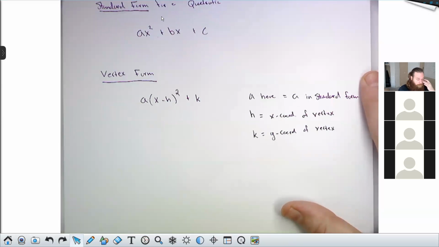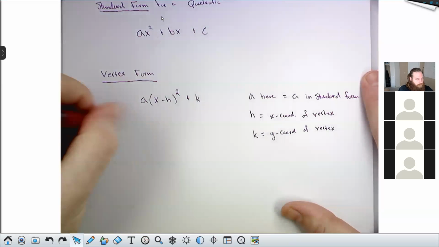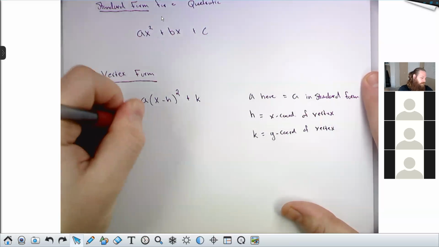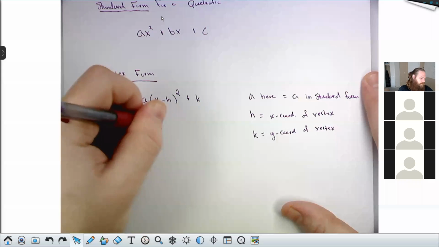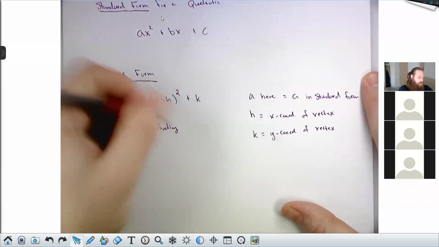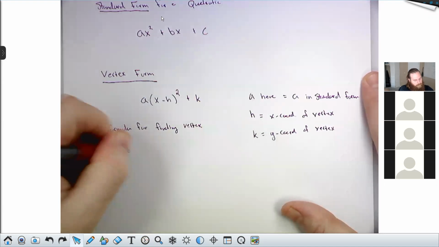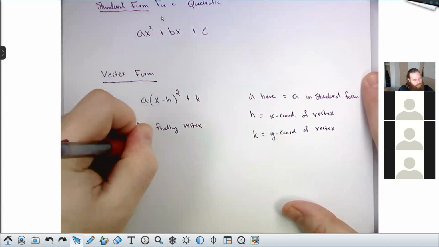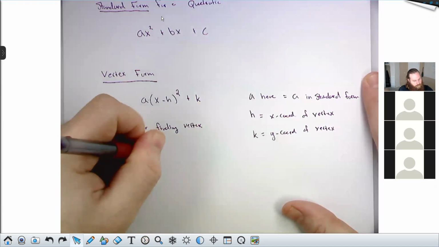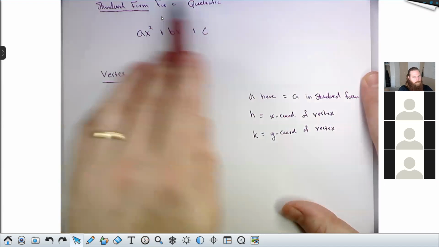There's a formula for the number h, and I'm going to show you where this comes from after we talk about the quadratic formula. So to find h, that's always going to be negative b over 2a, the numbers from the standard form.